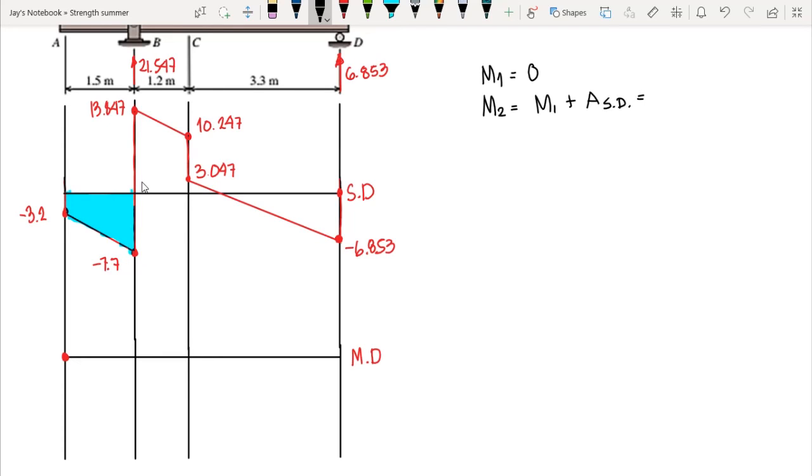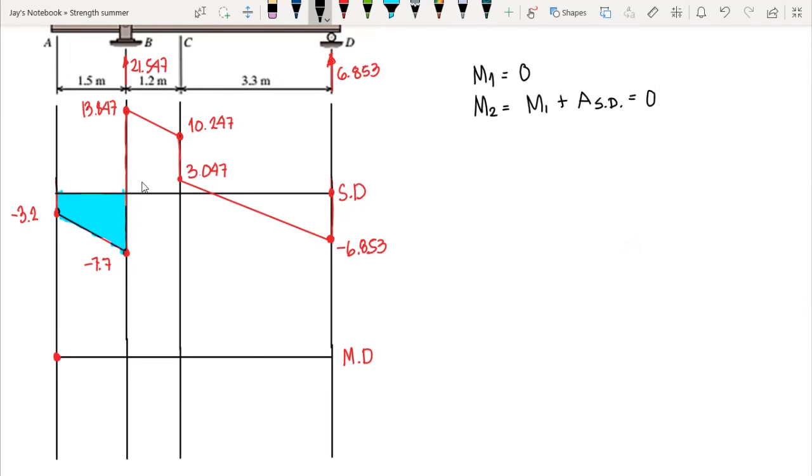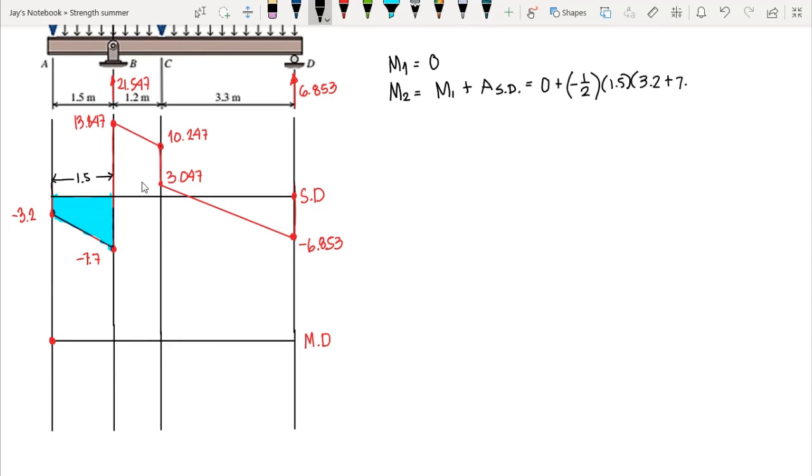Our moment 1 is equal to 0, that's our first moment, then plus, take note we have negative shear here, so we have times negative 1/2, then the height is this length here, 1.5, and the parallel bases, that is 3.2 plus 7.7. So we have 3.2, the height of this point, and the height of this base is 7.7. So we have 3.2 plus 7.7, and therefore we have moment 2 that is equal to negative 8.175 kilonewton meter.